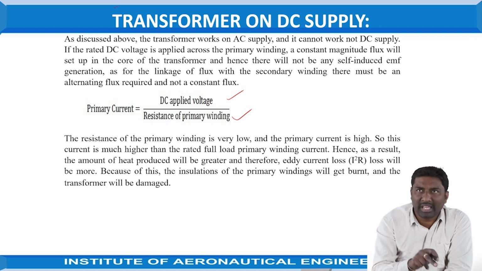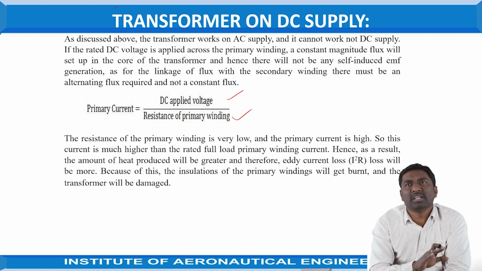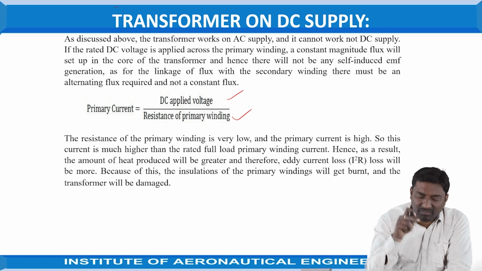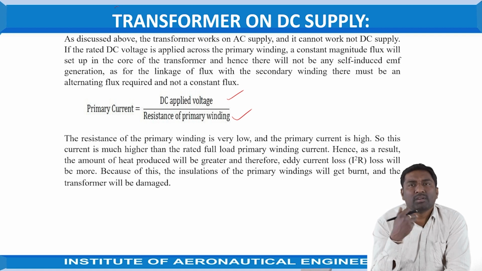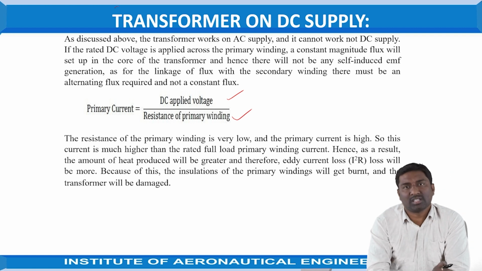Due to this, the amount of heat produced will be greater and the eddy current losses will be more. Because of this, the insulation of the primary winding will burn and the transformer will be damaged if you connect the DC supply to the transformer.